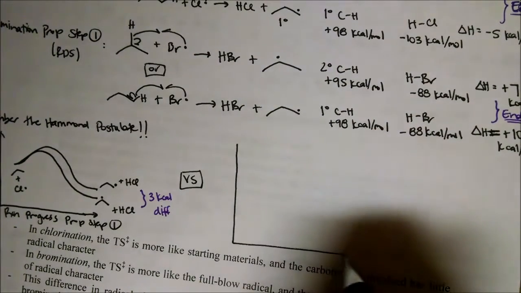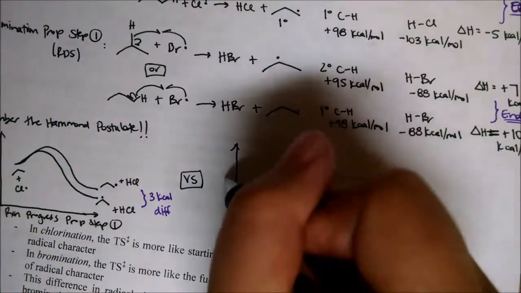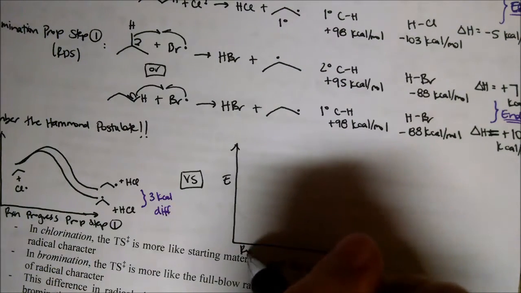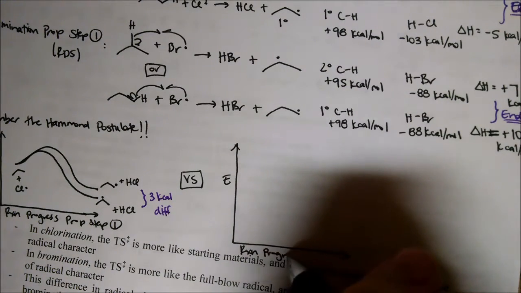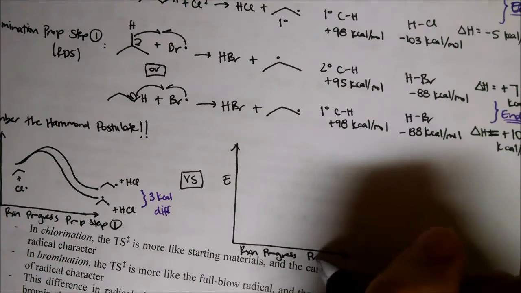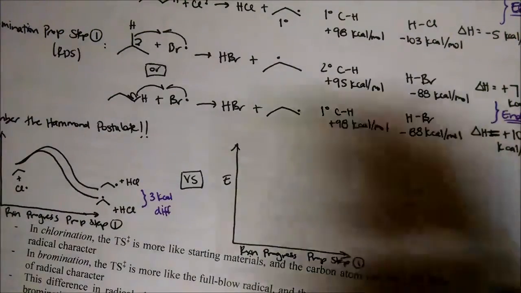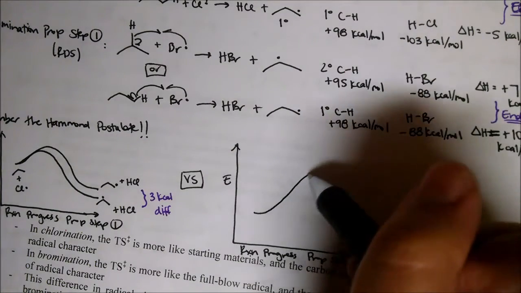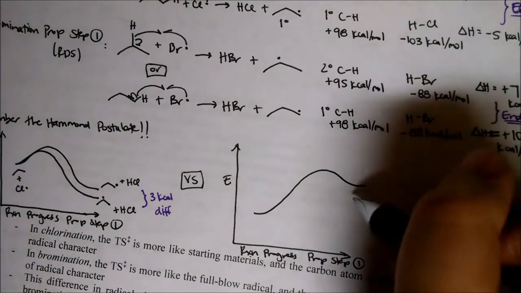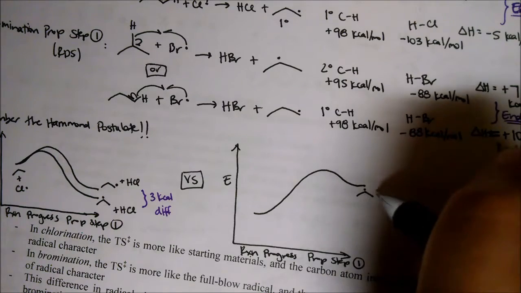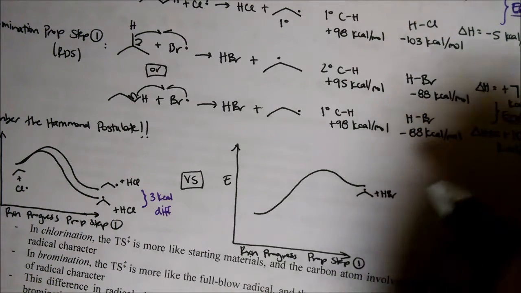So let's go through and label all of that. Energy, reaction progress, and propagation step 1. We're going to be endothermic, and let's draw the more stable one here. So this is the secondary radical plus HBr.